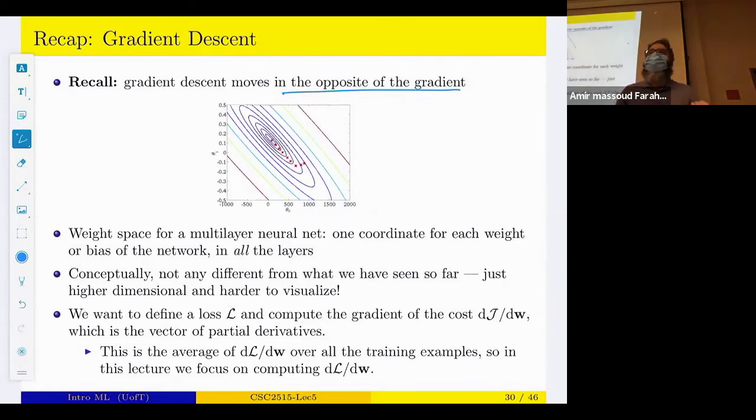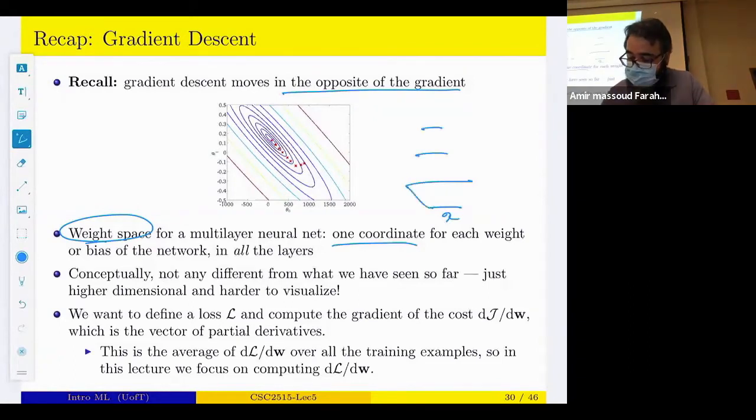The issue is how to compute that gradient. Now, maybe before that, the weight space for a multi-layer neural network is essentially that we have one coordinate for each weight or bias of the network in all layers. So say you have a network where X is connected to the second layer, third layer, fourth layer, and each of them goes with some W1, W2, W3.